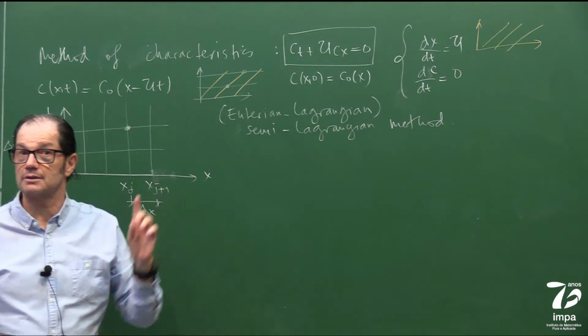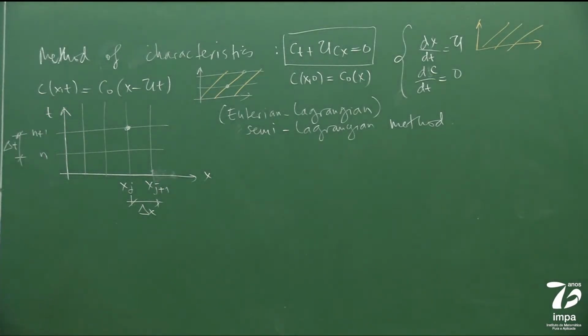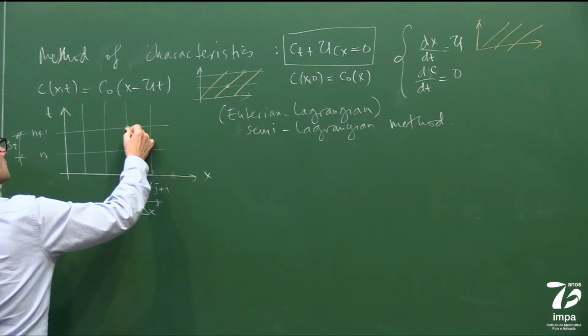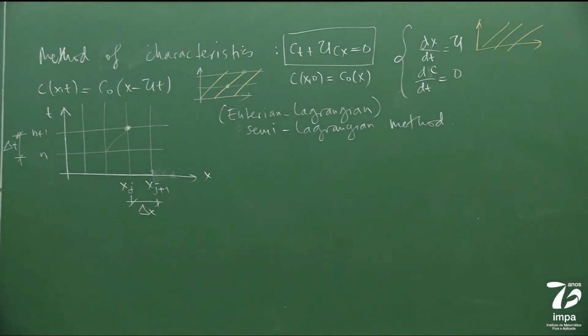Okay? Now, if I do a method inspired by that, and I have delta x over delta t equal to u, the characteristic goes exactly through the nodes of my grid. So I have to do nothing.